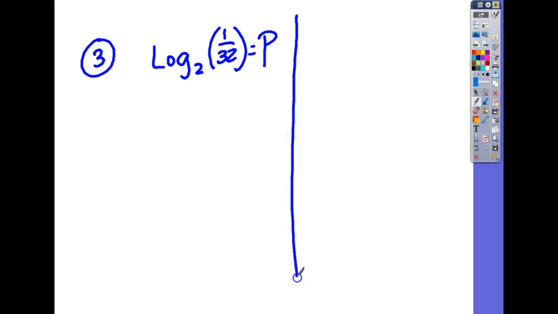Now, previously, we have learned how to take a log and change it into exponential. This is the base. This is the power. And a lot of people get stuck right there.